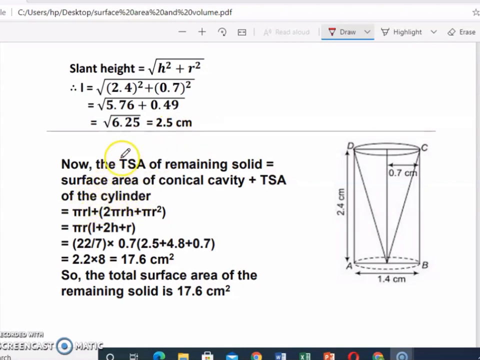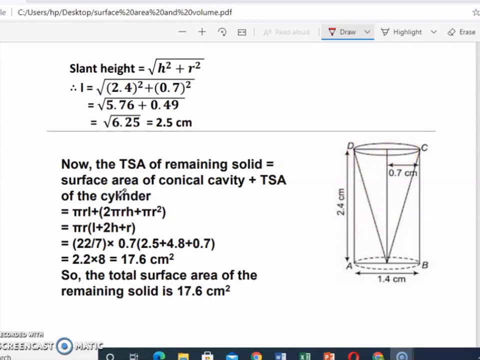After finding the slant height, you have to find the total surface area of the remaining solid. That is the CSA of the cone plus CSA of the cylinder plus the base area. Or if you are taking the total surface area of the cylinder, then you have to subtract the circular part.